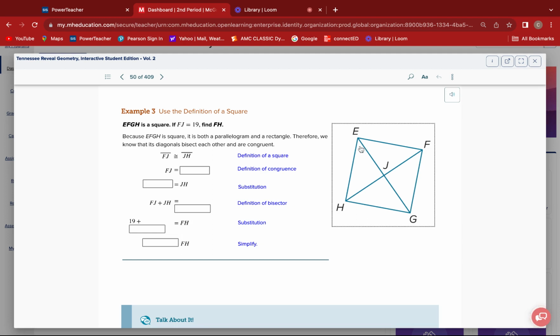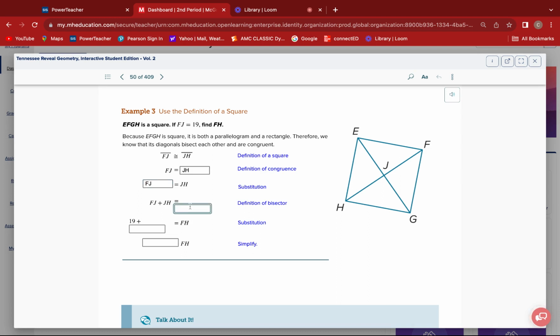All right, let's see what we got to do here. FJ is 19. Okay, so F to J is 19, which means E to J is 19, H to J is 19, and G to J is 19. And they want me to find FH. FH is the entire diagonal. Okay, well, listen, if F to J is 19 and H to J is 19, you are just going to add them together, because they are equal to each other.